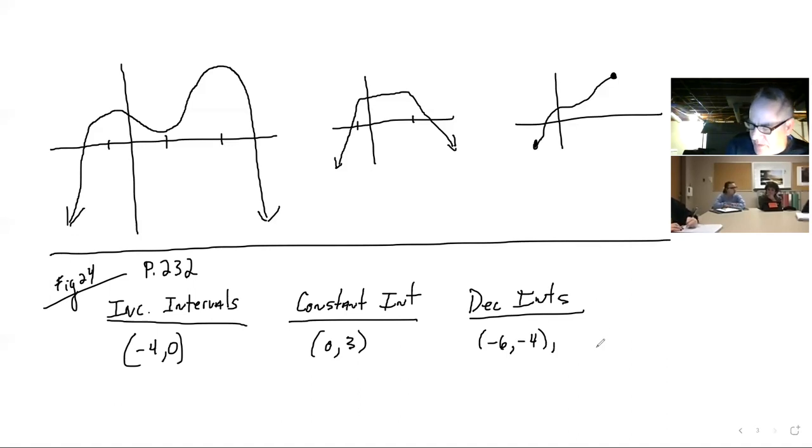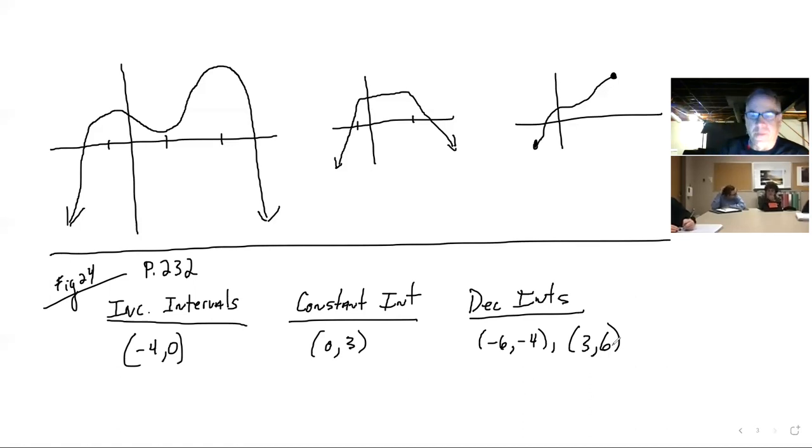And you would also be decreasing from 3 to where x is 6. I could also say I have a local minimum at where x is -4, and the local min is -2. And that is it in this case.